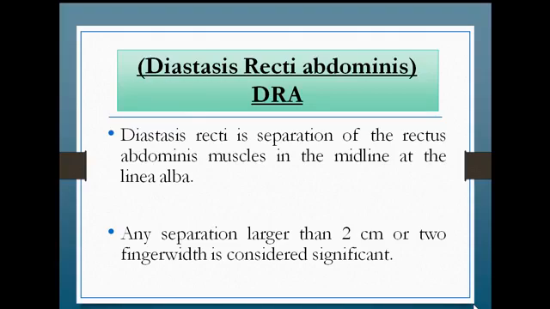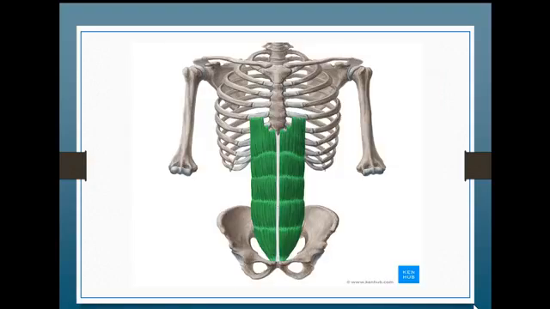So what is diastasis recti abdominis? The word diastasis means separation. Rectus abdominis muscle separation is known as diastasis recti abdominis. The central line between the left and right rectus abdominis muscles is known as the linea alba, a connective tissue joining the left side muscle with the right side muscle.